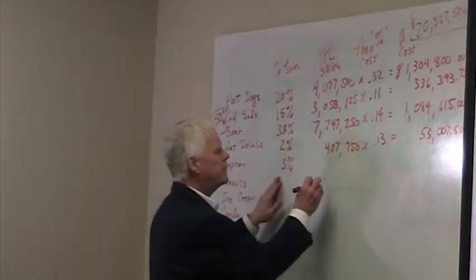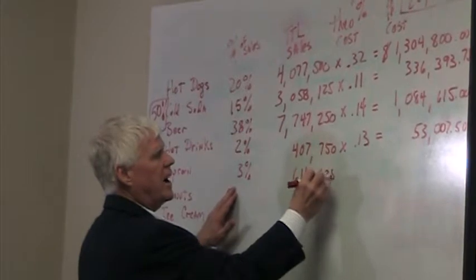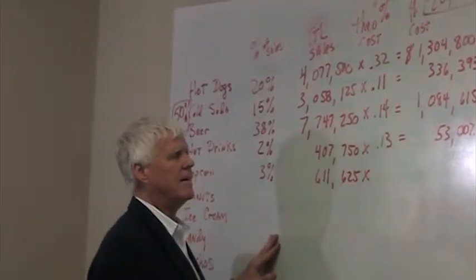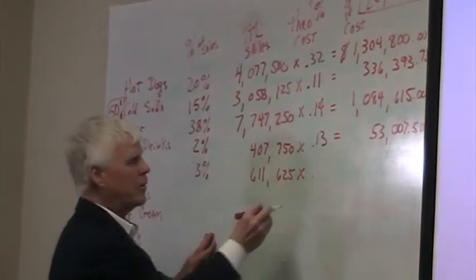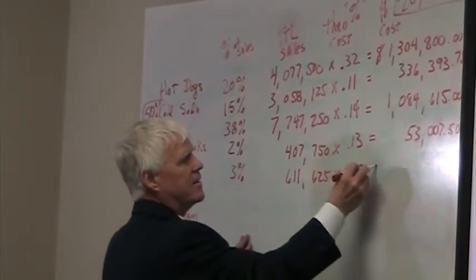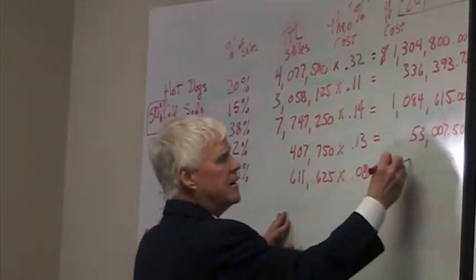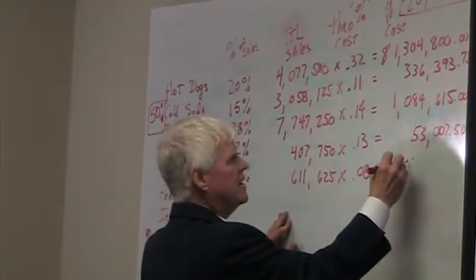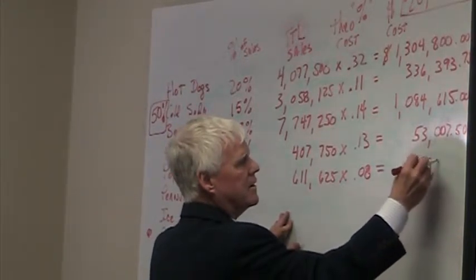What's that number? 611,625. And what's the cost, Marley? 8%. And since you're so smart, what are the total dollar fees? 489,300.